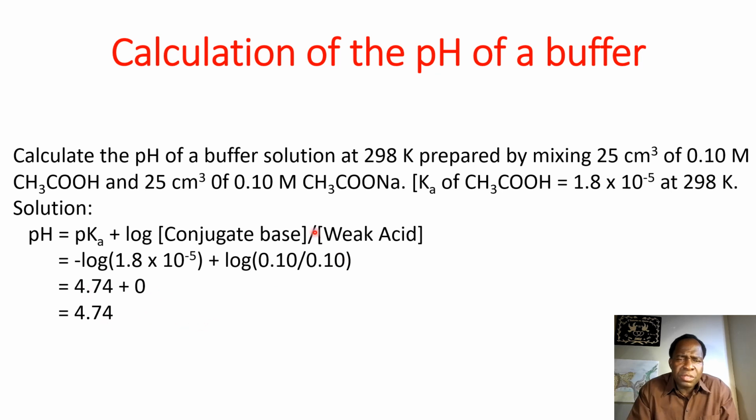Because the two concentrations are the same, pH is equal to pKa, as you can see here. But if the two concentrations are not the same, pH will be different from the pKa value. You can look at this problem, solve it yourself, and get to understand the concepts.